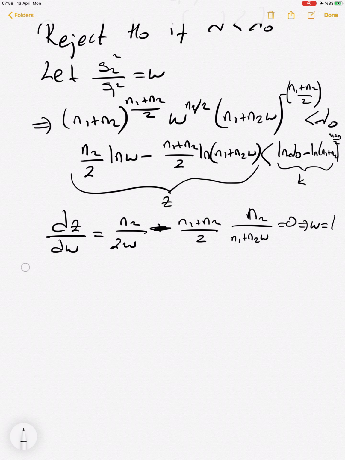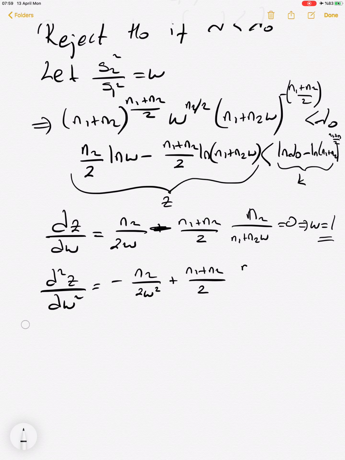Okay, so to see whether this point is a maximum or minimum point, let's take the derivative again. So we will have minus n2 over 2w squared, now plus n2 squared divided by (n1 plus n2 w) whole square, where w equals 1, and this quantity is negative. So this means that this w is the maximum point of z.